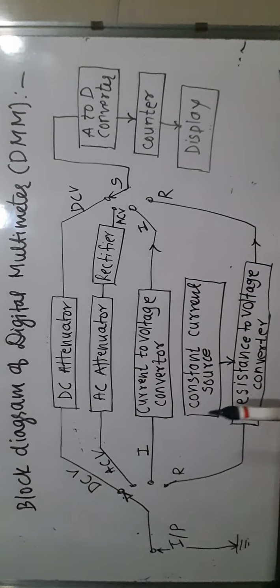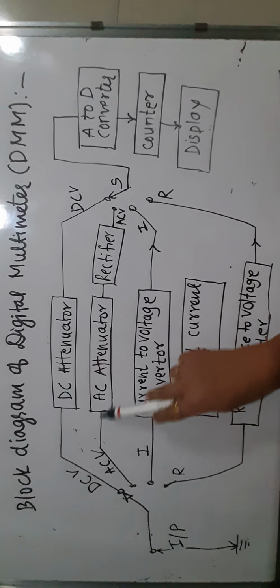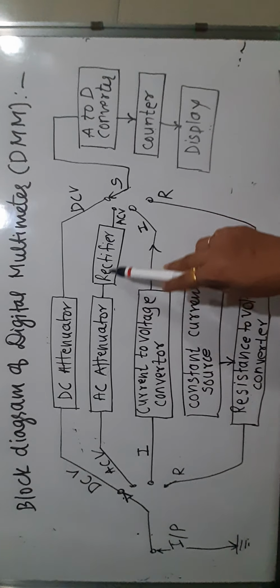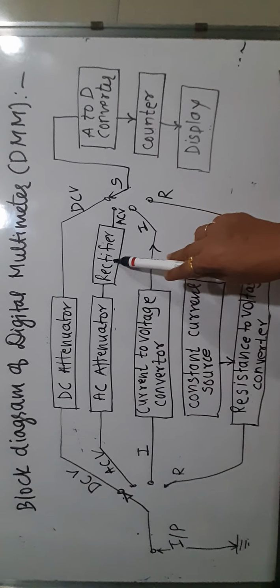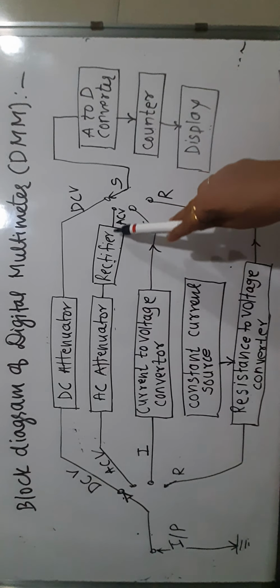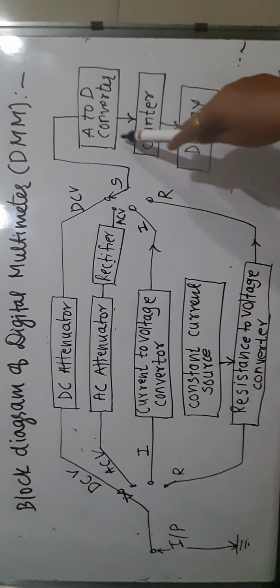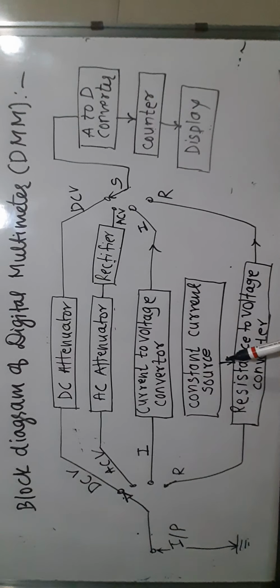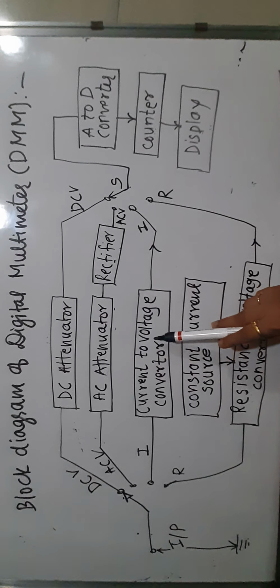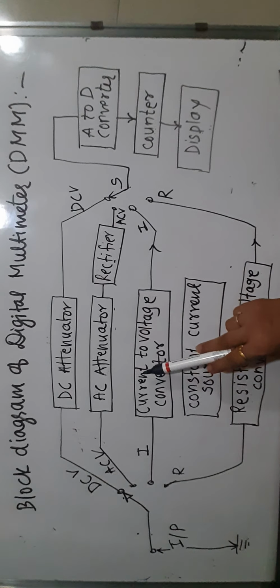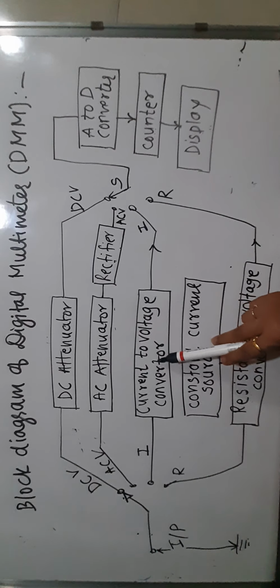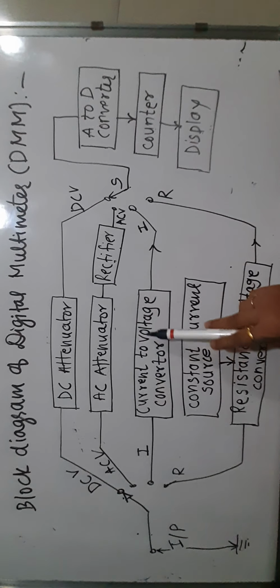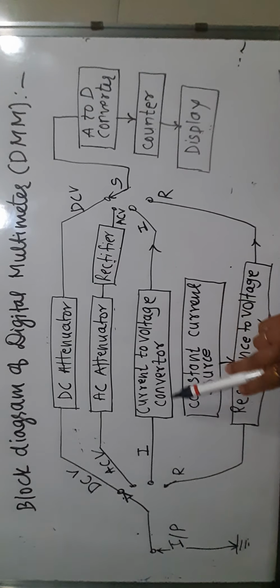Now for AC voltage measurement, AC voltage is applied, then rectifier converts AC into DC, then that voltage is given to analog to digital converter, then given to counter, then given to display. Then for measurement of current, the applied current passes through the current to voltage converter.